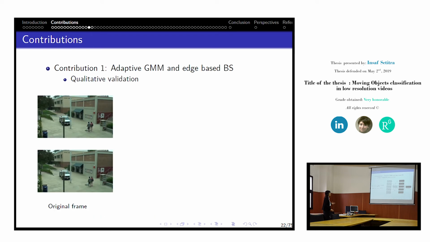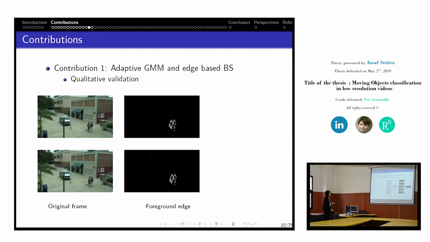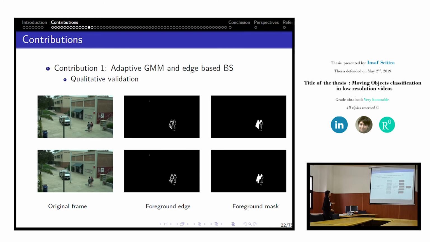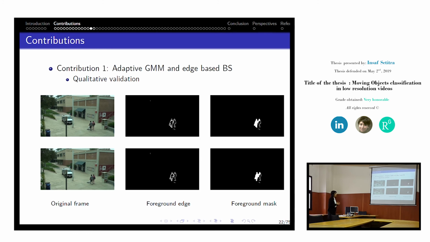The combination of the background extracted using the adaptive Gaussian mixture model and the edge foreground is done using a simple matrix addition. Our validation in this step is only qualitative. We can already see how the edges of the contours of shapes are maintained. However, we can still see issues of split and merge in the shape.